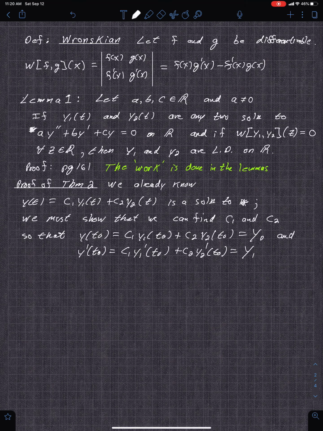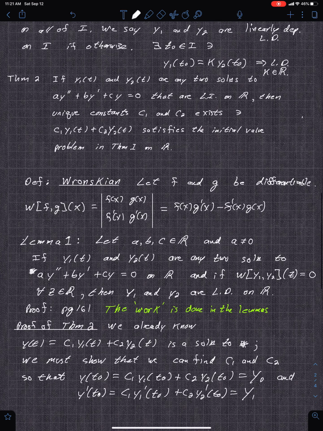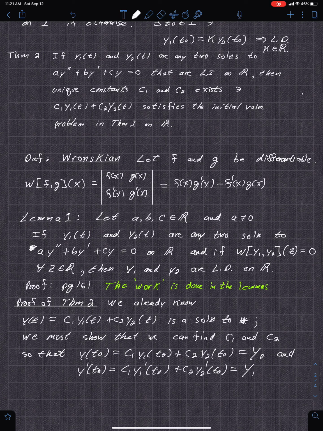So basically what we're going to say is, if you go back up to the theorem, we are assuming that y1 and y2 are linearly independent on R. So if they're linearly independent on R, then what do we know about the Wronskian?